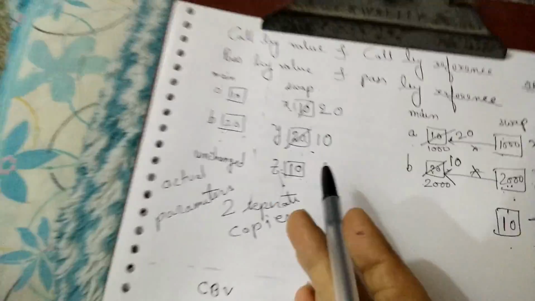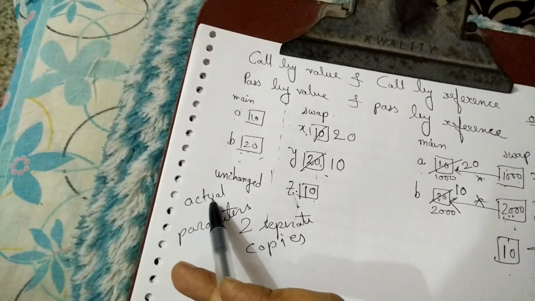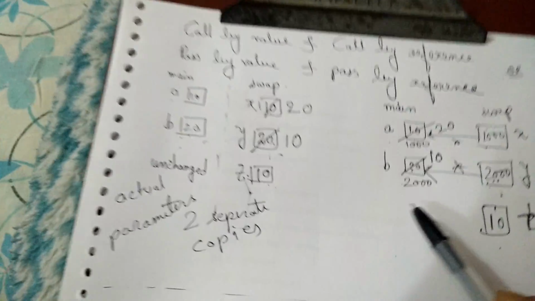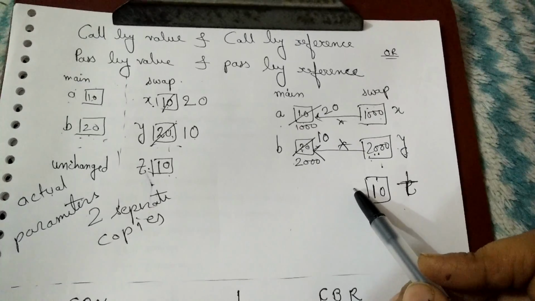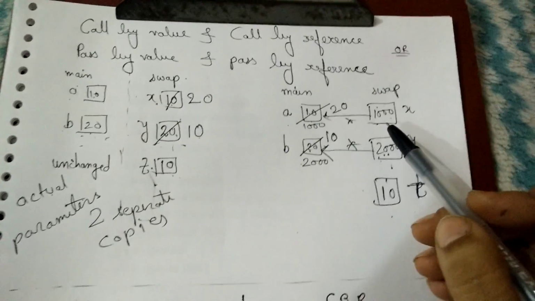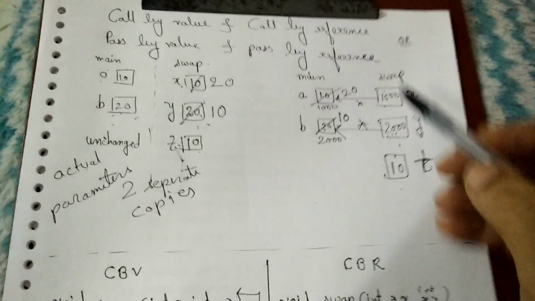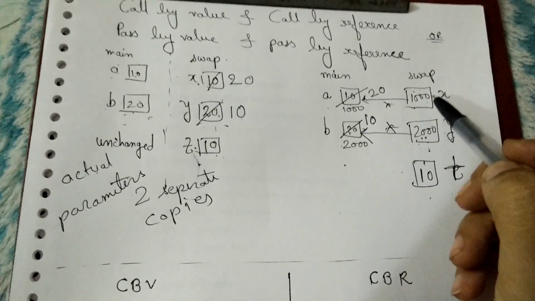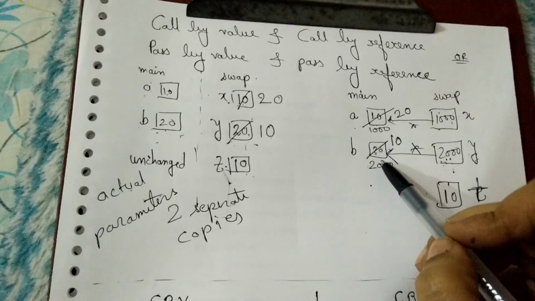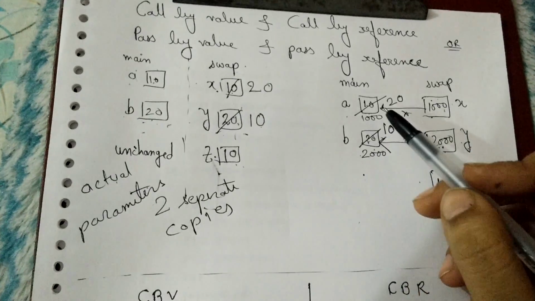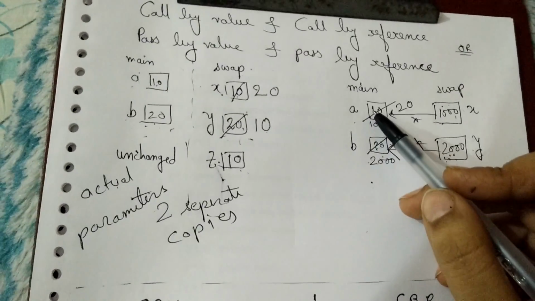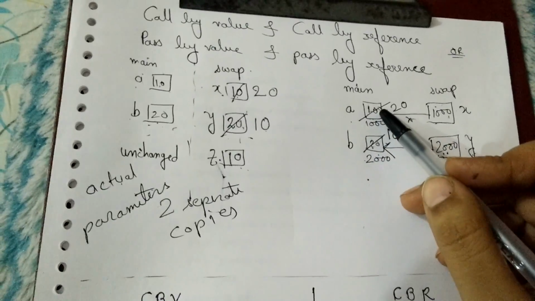But if you want the changes to be reflected on the actual parameters, then we have to use call by reference or pass by reference. Here, instead of cloning or making a separate copy of the actual variables, we are just referring to the actual variables. So whatever operations are done will be stored in the actual variable.